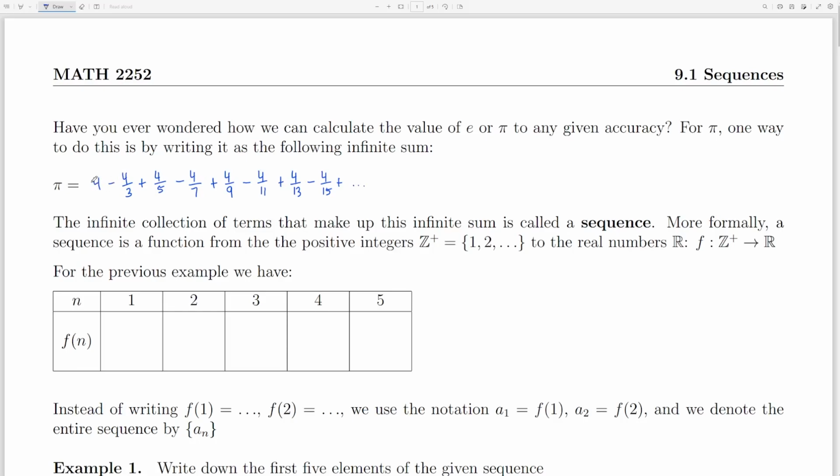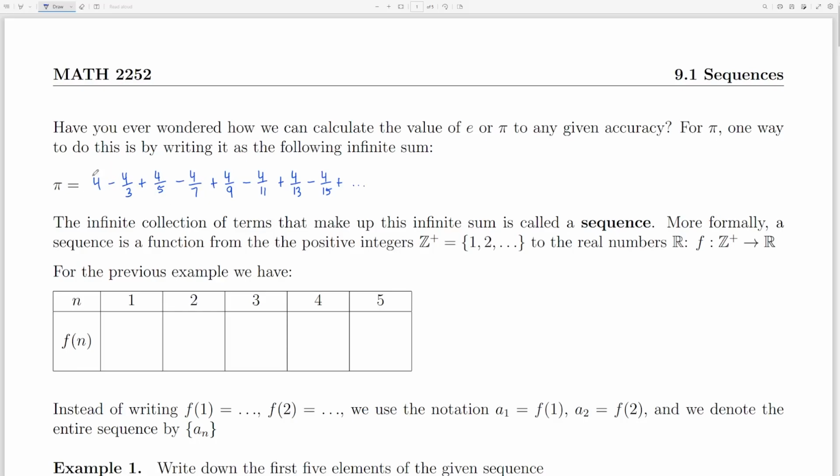So what is happening here is that all the terms have the following makeup. It's 4 over an odd number, and the first term is positive, the second term is negative, the third term is positive again, and so that alternates throughout this sum.